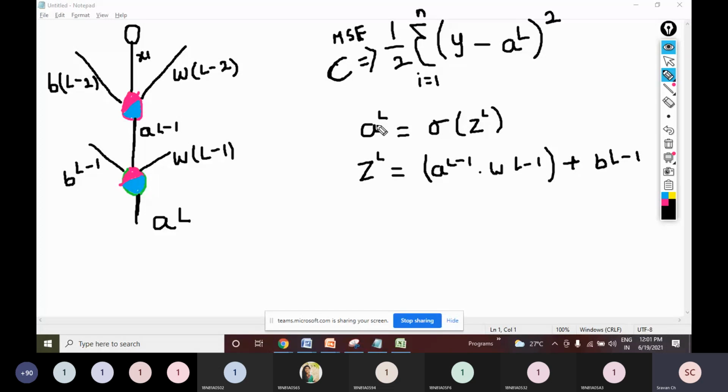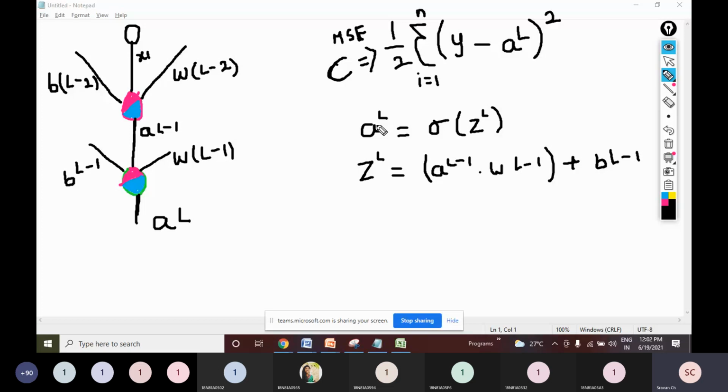Our headache is, if there is an error, what will we do? We will find gradients with respect to weights and biases. That is our actual interest. Obviously there can be an error.